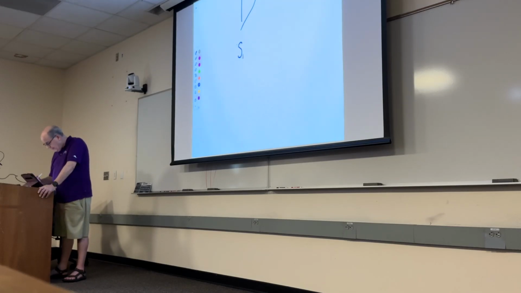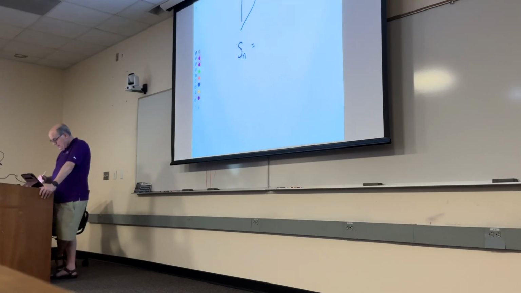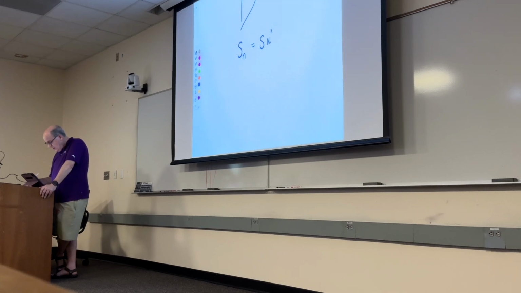At the final step, the nth possible value of S is going to be equal to the initial price times the up step happening n times, and the down step happening capital N minus n times, for little n equal to 0 to capital N.